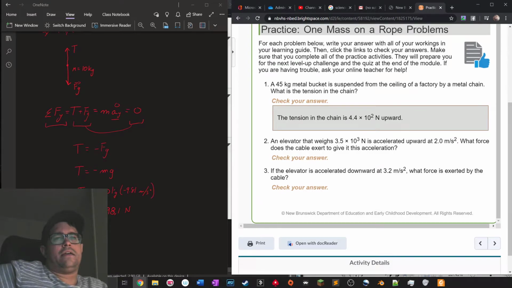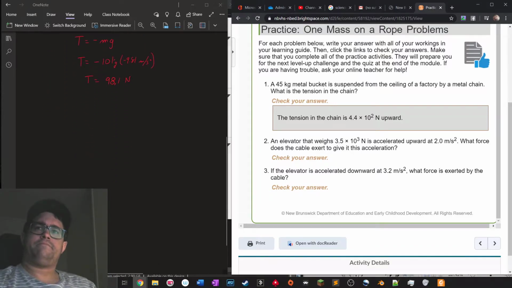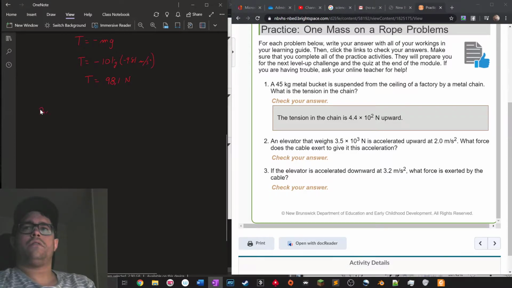Elevator that weighs 3.5 is accelerated upwards. That's pretty good. I like this one. Practice 2. An elevator, which we can draw here. If you have a better drawing hand, then you can draw the elevator.